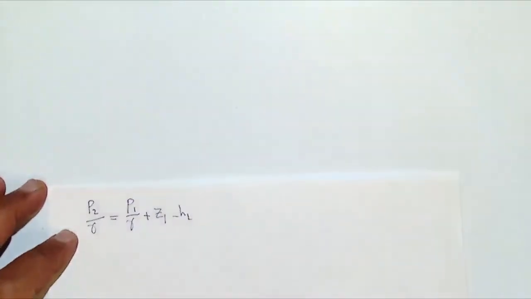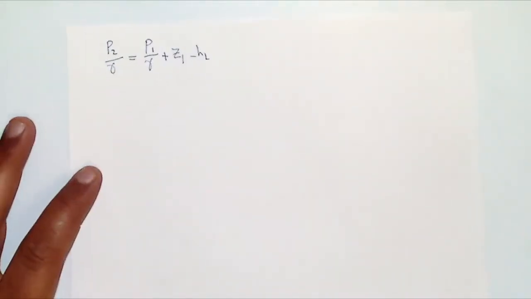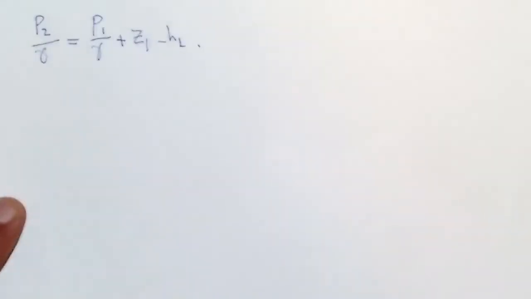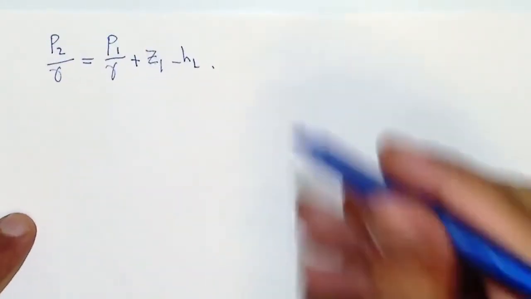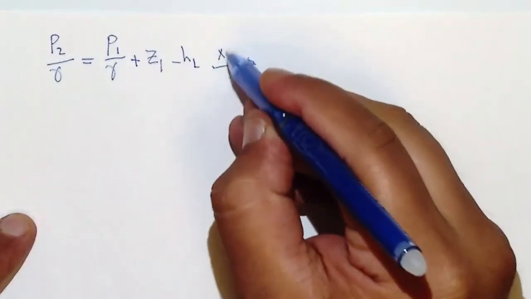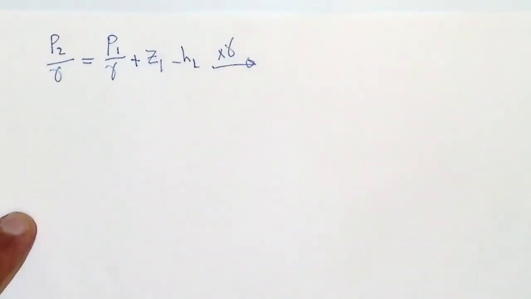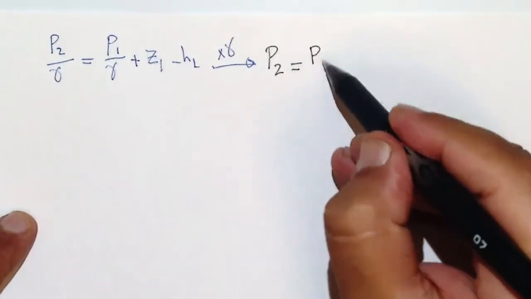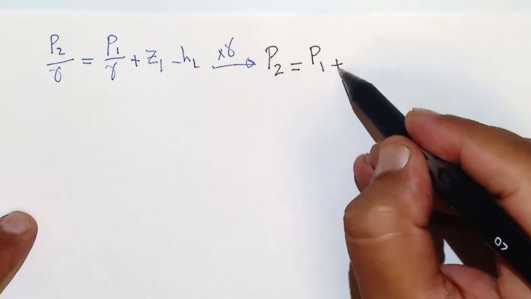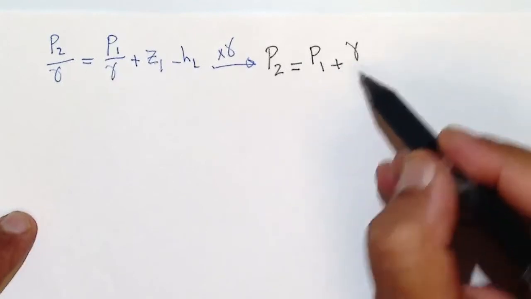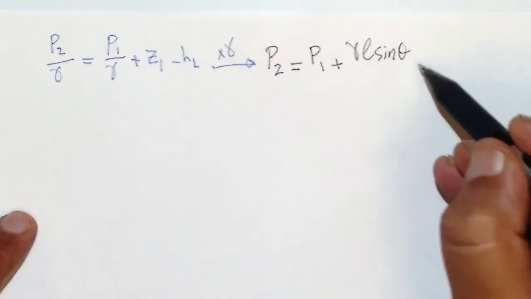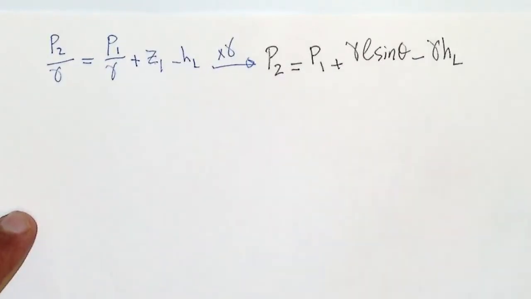You write it down here, and if you multiply all sides by gamma, then you will have P2 is equal to P1 plus gamma. Instead of Z1, I can write L sine of theta, right, minus gamma HL. That HL is your head loss.